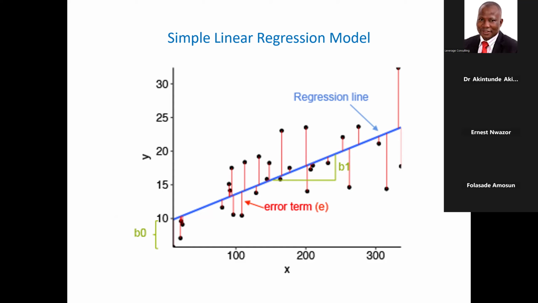That is, if you square the deviation from the line, the one that gives you the least square is the line of least squares. So the least square method is the best.